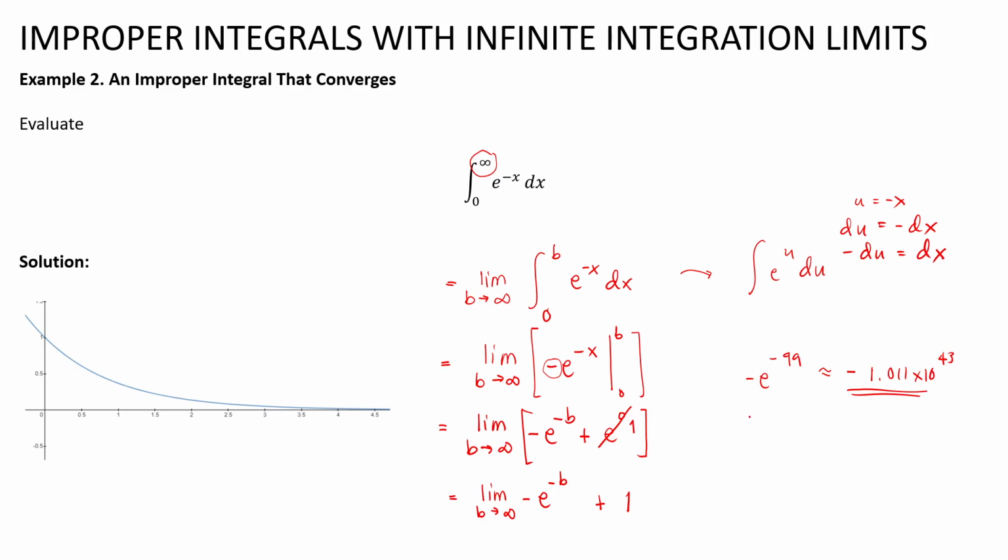So if you plug in another value, like 9, notice that e raised to the negative 999 is already 0.